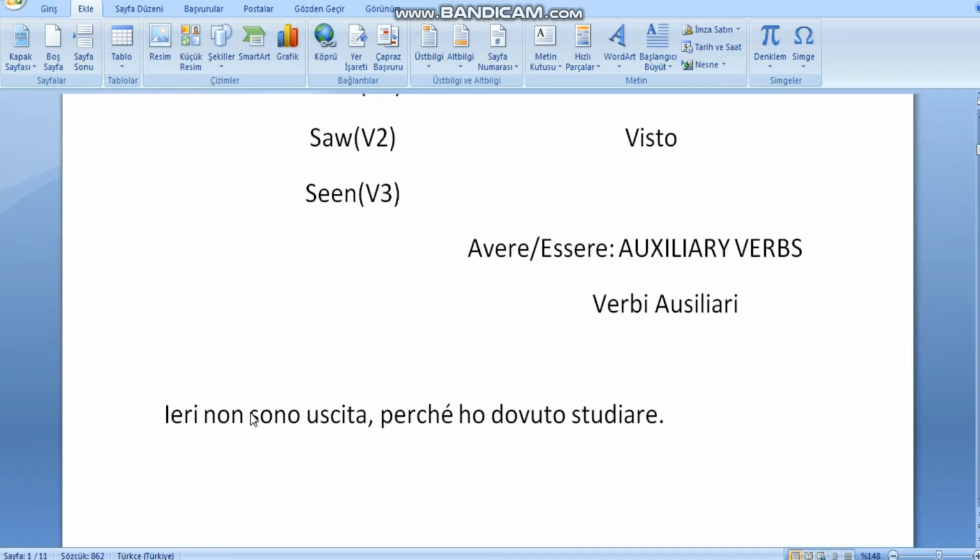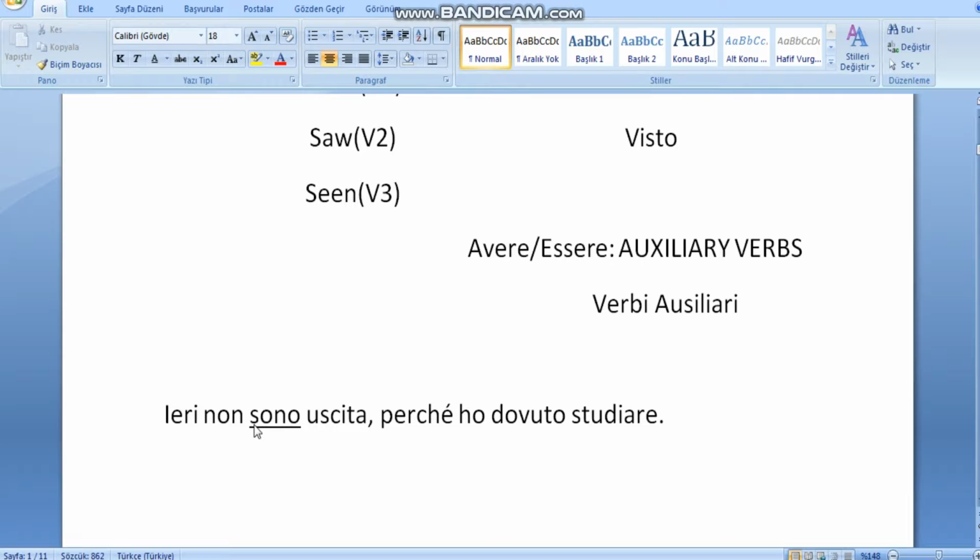So non sono uscita, here the verbo ausiliario is sono. So we have the verbo ausiliario sono and another verbo ausiliario ho. Sono è il verbo ausiliario essere, and ho is the verbo ausiliario, auxiliary verb, avere.